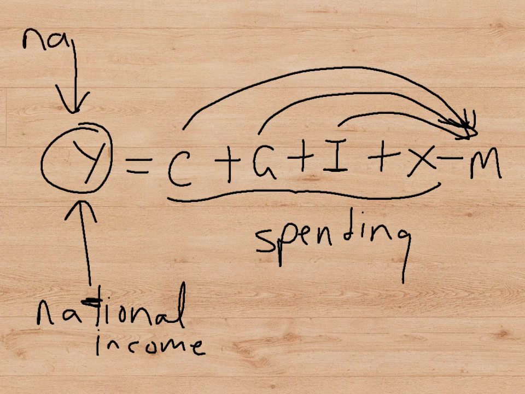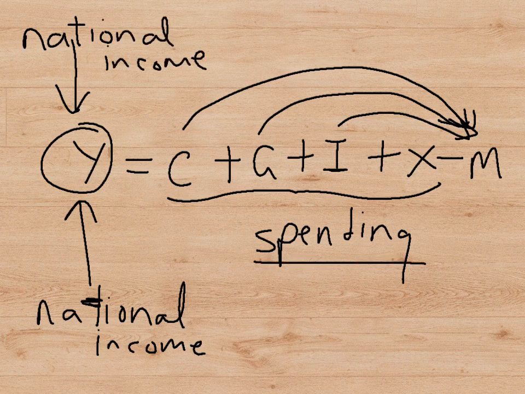Because on one side, we have national income. That is to say, the income earned by our people, that is, people in our own economy, national income. And we want this to be equal to total spending. And therefore, we have to subtract the bit of spending that we are doing which does not lead to national income in our own economy.